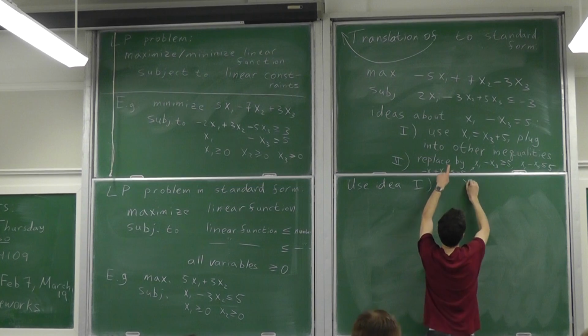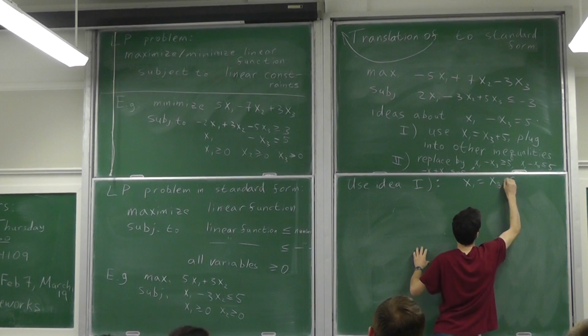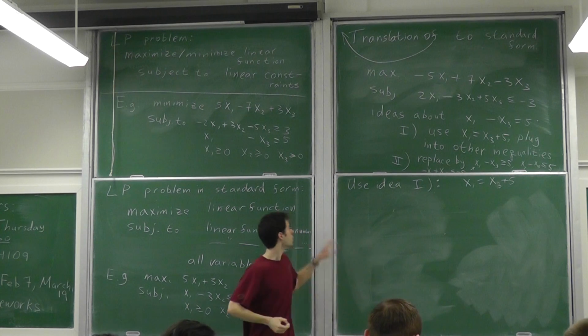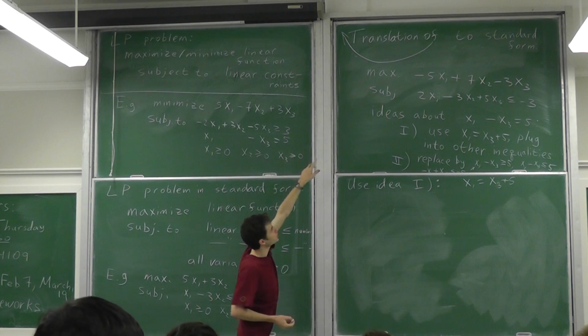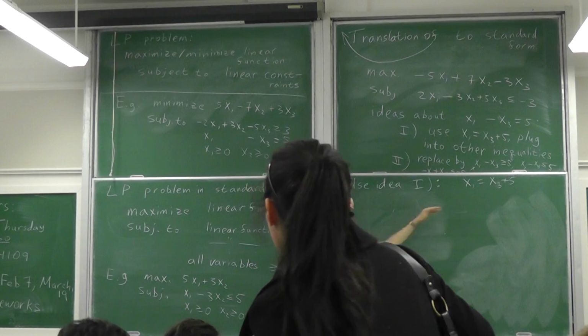So use the fact that x1 is x3 plus 5. And now I want to once again translate everything, but now without x1.